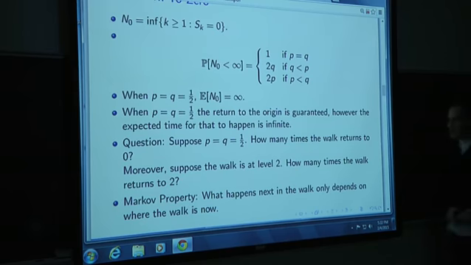Okay? And this is an example of Markov property. There are several processes that have this Markov property: what happens next in the walk only depends on where the walk is now.